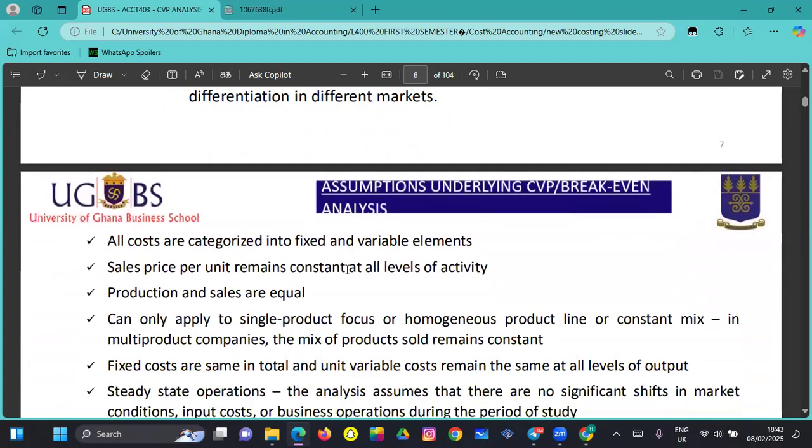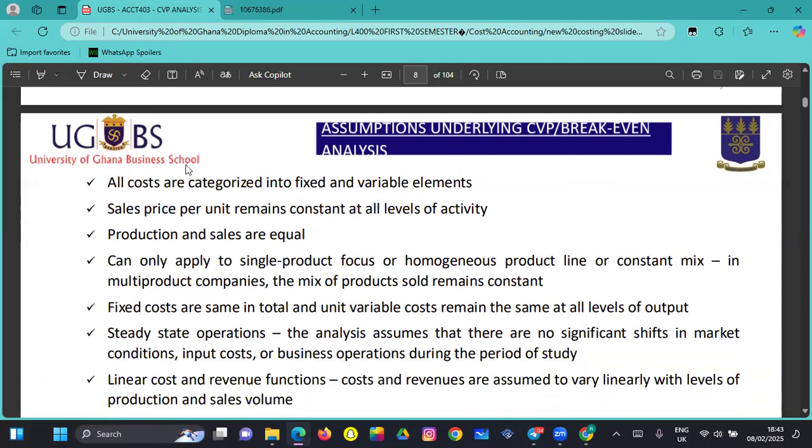Almost every theory or model has some assumptions. In economics, for example, it will be "all other factors held constant." Here too, we have some assumptions that break-even analysis or CVP deals in.